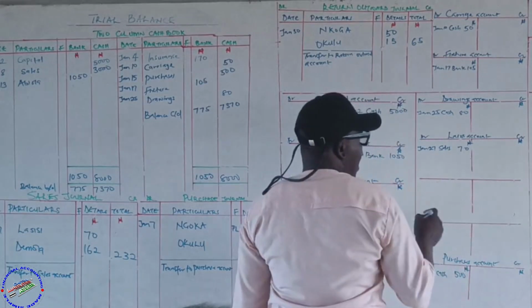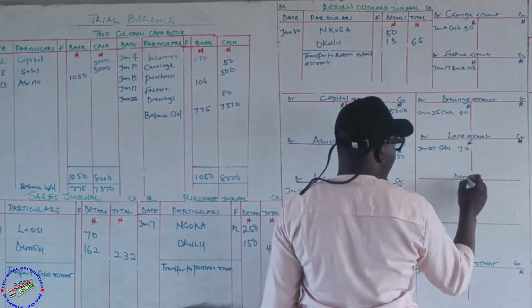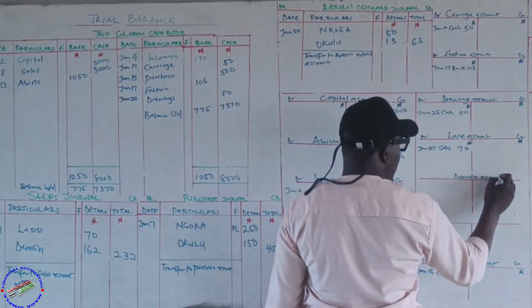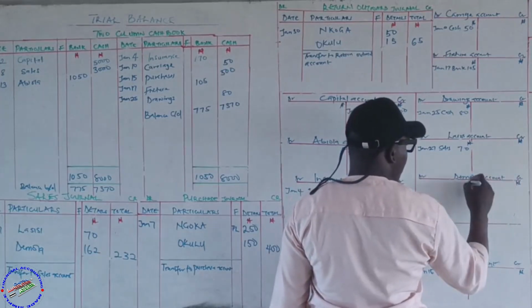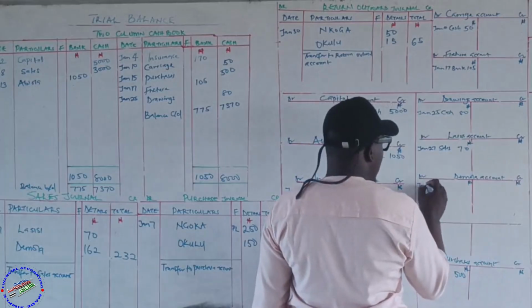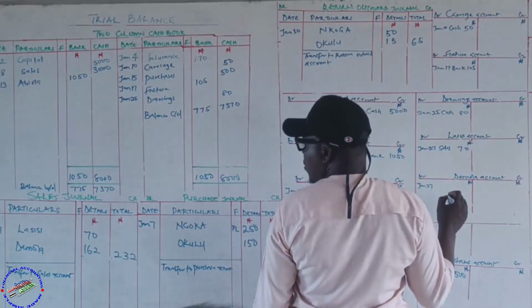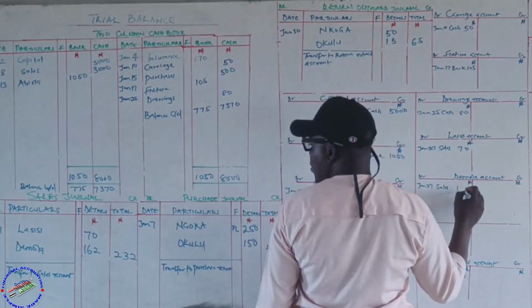And there, I have Demola account. That's January 27, sales, 162.